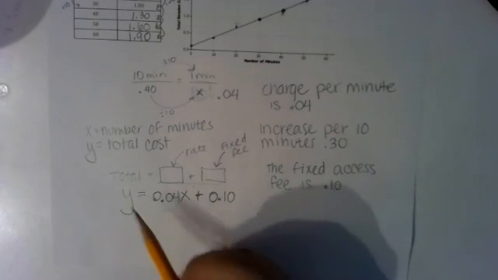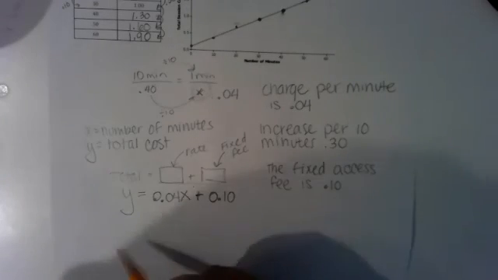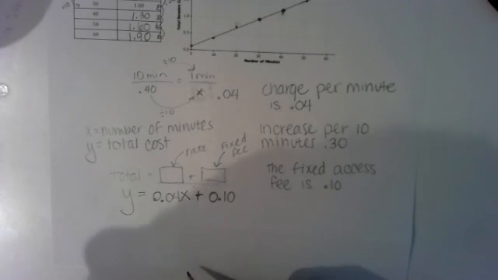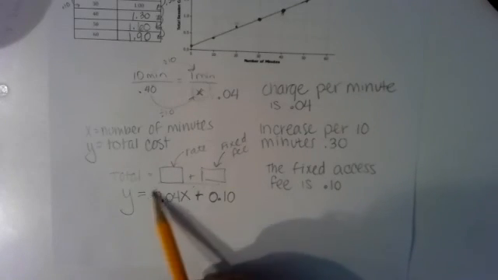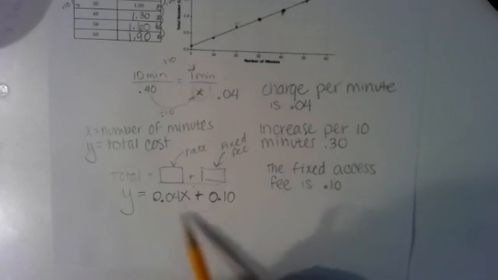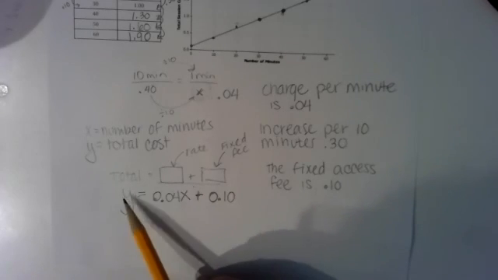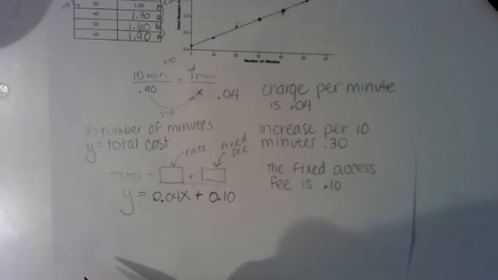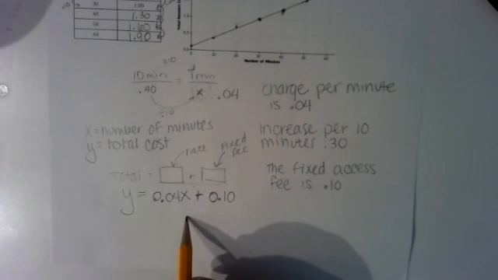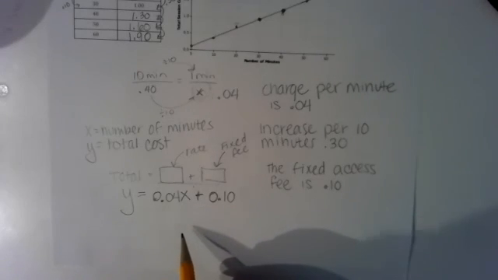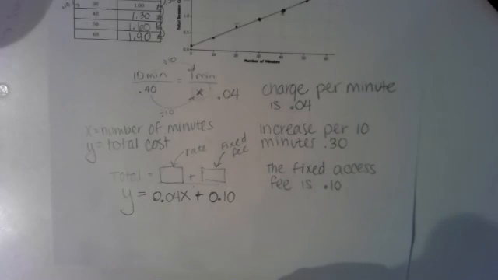So this represents the relationship between minutes of use and total cost. This is how you figure out how much you're going to get charged, and then the total amount that it's equal to. And then what we just wrote is a linear equation, which you guys have written in the past as well.